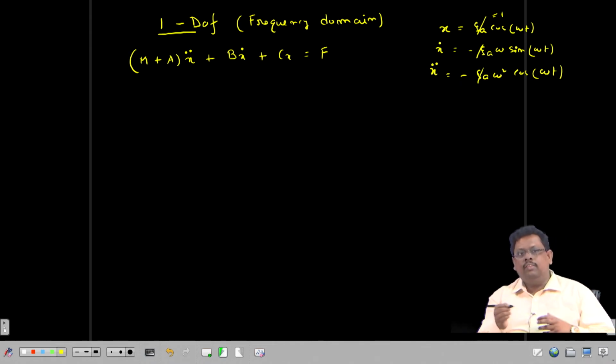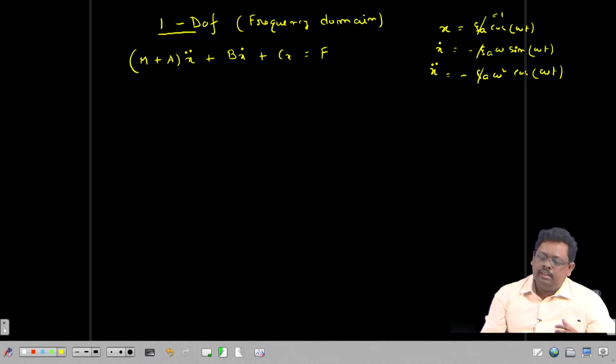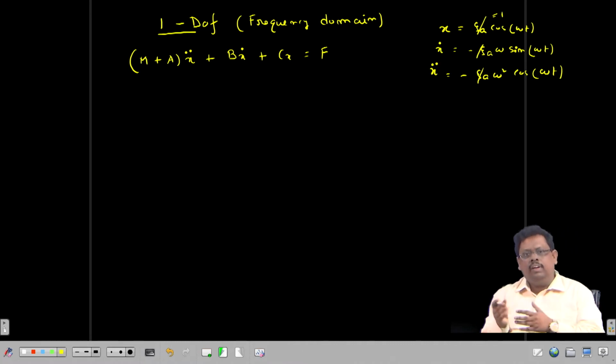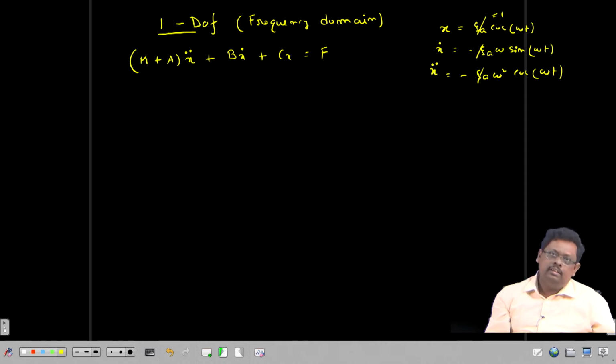Because here we are going to compare this frequency domain solution with the IRF solution, for the sake of simplicity we just drop this xi_a and put 1. But if you want, you can keep xi_a and you will get the same equation, it does not matter. Now, if I substitute this in this equation, then what do we get?